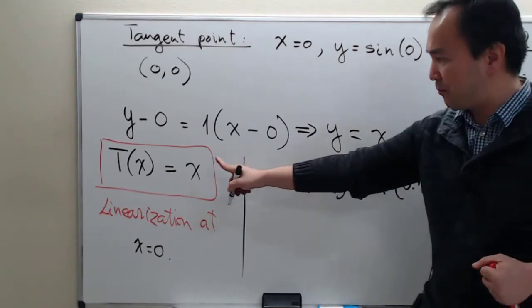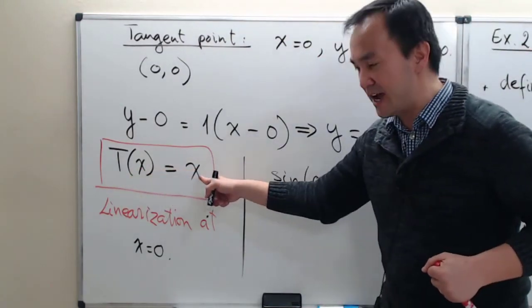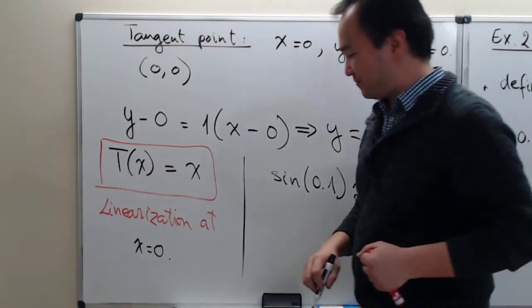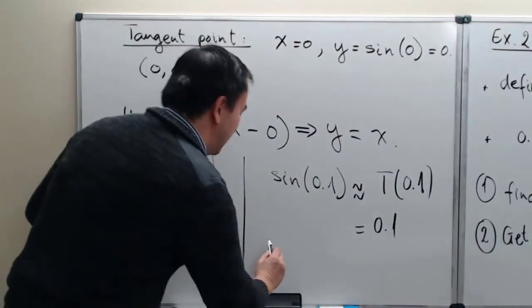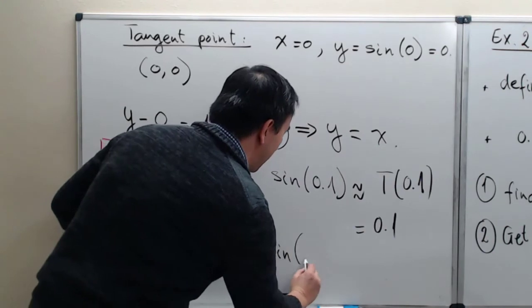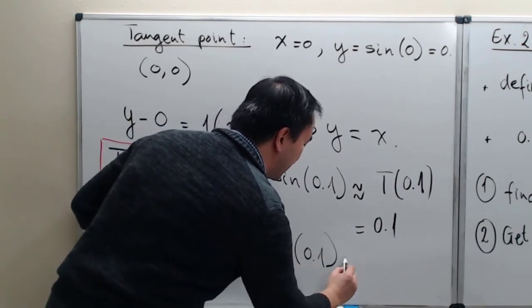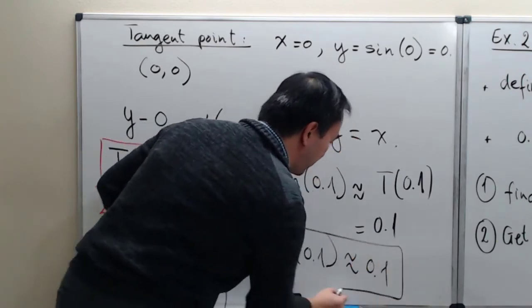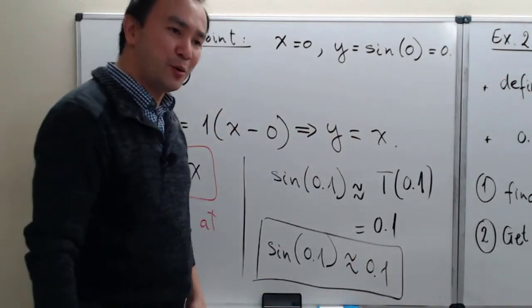But hey, T of x itself is just x. So T of 0.1 is just 0.1. Okay? And so that means what? Sine of 0.1 is approximately 0.1.